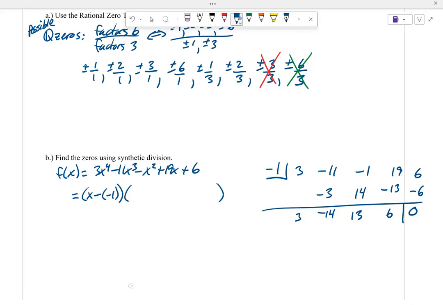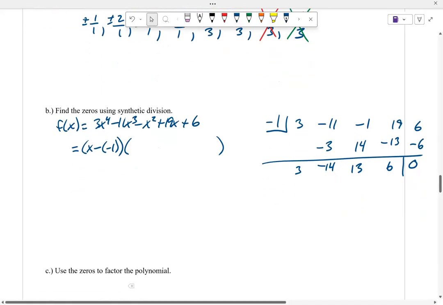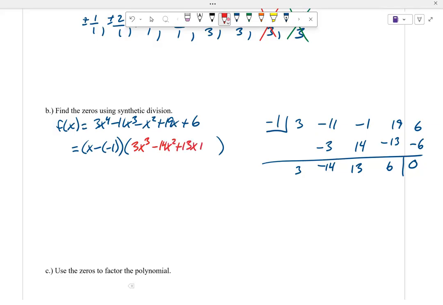Alright. So now I have, let's go ahead and put in 3x to the third minus 14x squared plus 13x plus 6. Okay. So now I got a factor. This is a cubic. I don't have a quadratic, so I can't just factor it straight up, right?